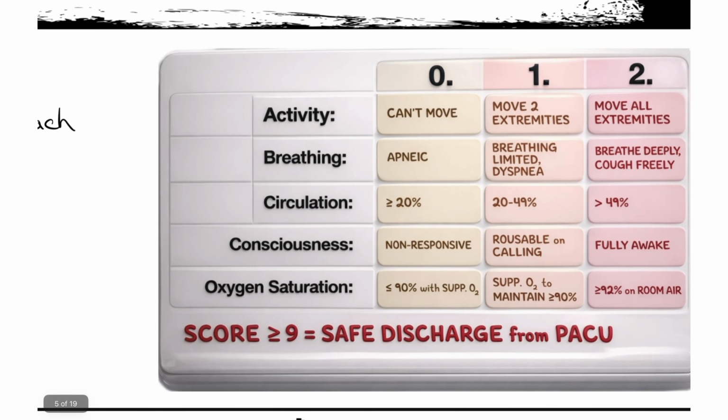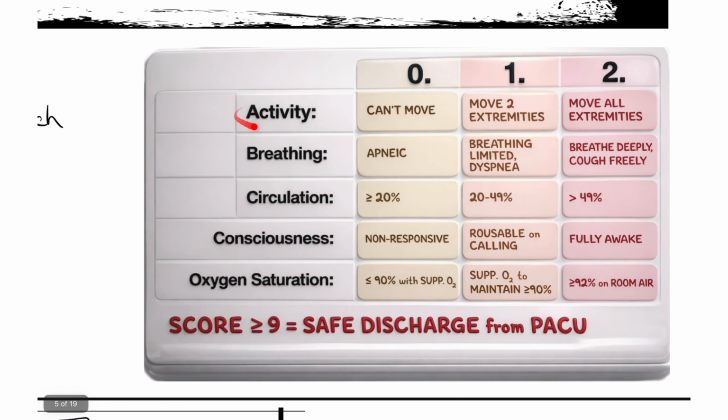Now let's talk about the parameters. The first one is activity. If the patient can't move, it is scored 0, and if the patient moves two of his extremities, either upper limbs or lower limbs, then this is scored 1, and if the patient moves all his extremities, it is scored 2.